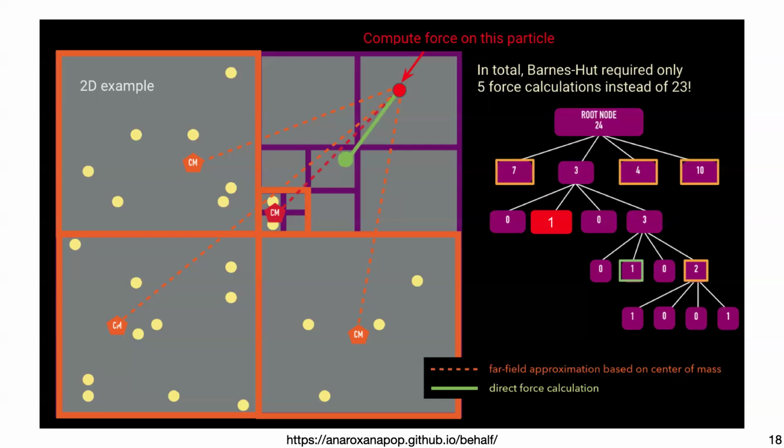This one? Oh, I see. Why can you not directly use that? Because the center of mass in this quadrant, there are no numbers exactly shown, but it would be within D, or D over R would be below theta for this. So the whole center of mass of this quadrant is too close to be considered far.